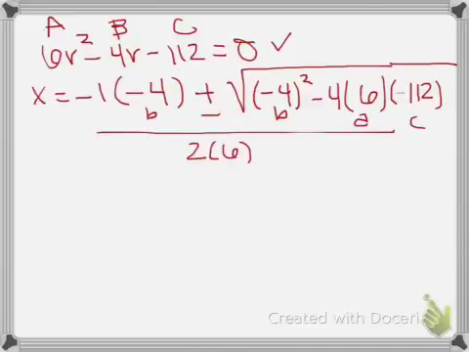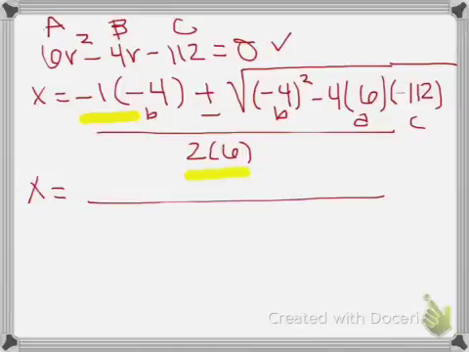The way that I do this is I use the order of operations, and I do everything under the radical first. It's almost like it's in parentheses. Since we know that this information is not being affected by the radical, you can actually go ahead and work that out at the same time. So I'll go ahead and do negative 1 times negative 4 is positive 4, and 2 times 6 is 12.